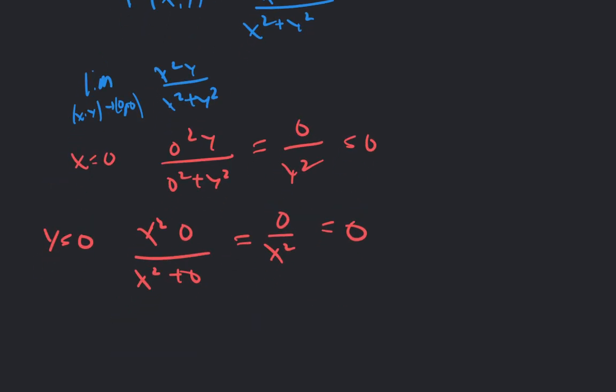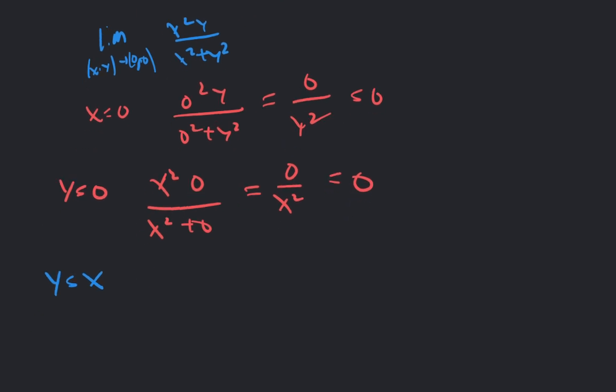And we can also go along the path y is equal to x, which would give us x squared x. And we can also write this as f of x, x, which is pretty cool because we're substituting the y for x right here.